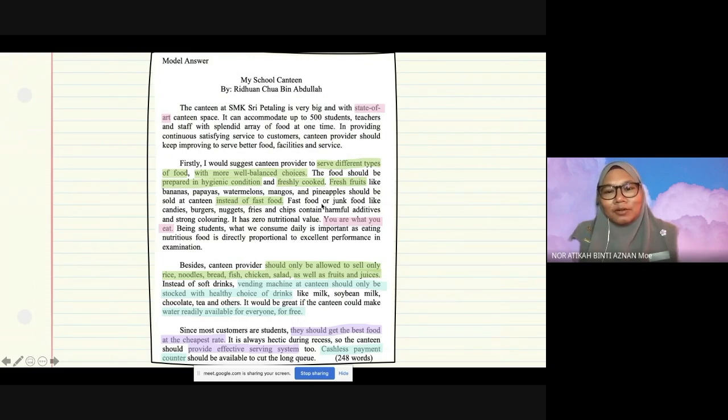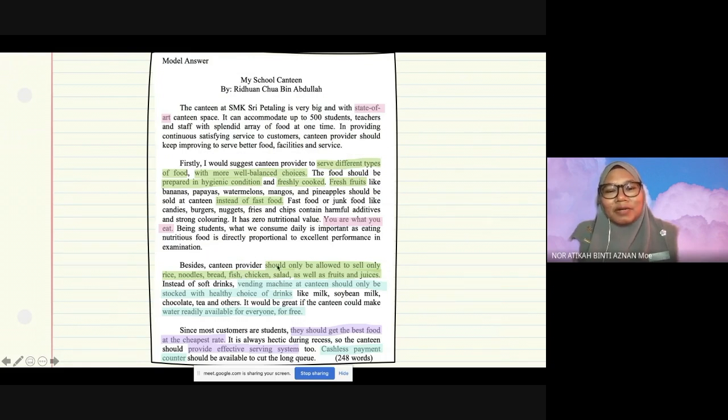Fast food or junk food like candies, burgers, nuggets, fries and chips contain harmful additives and strong coloring. It has zero nutritional value. You are what you eat. Being students, what we consume daily is important, as eating nutritious food is directly proportional to excellent performance in examinations.